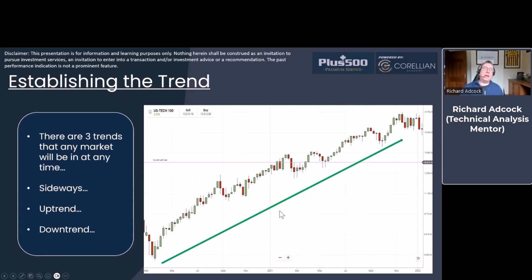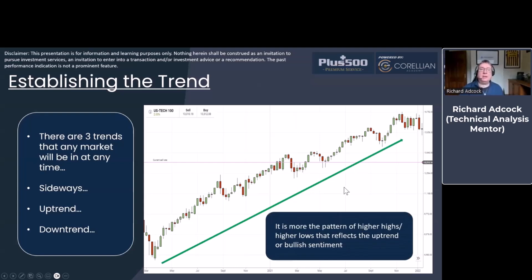Now, this is where, instead of the buying support being at a consistent level to the downside, we're seeing buying support developing at a higher level each time. So we're seeing an uptrend beginning to reflect price activity, especially as the market then breaks above the previous high to reflect the ongoing positive pattern. So the uptrend is a series of higher highs and higher lows.